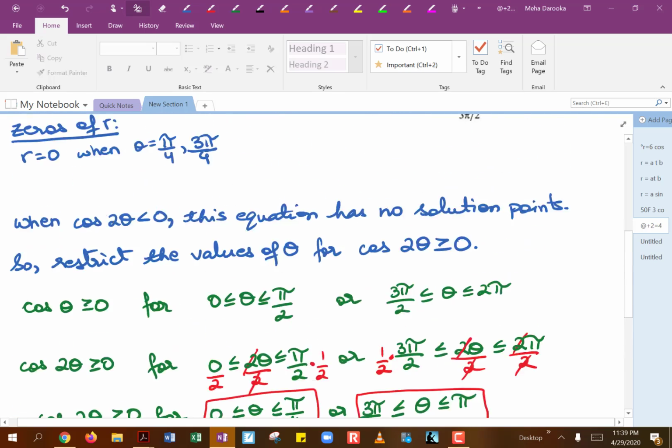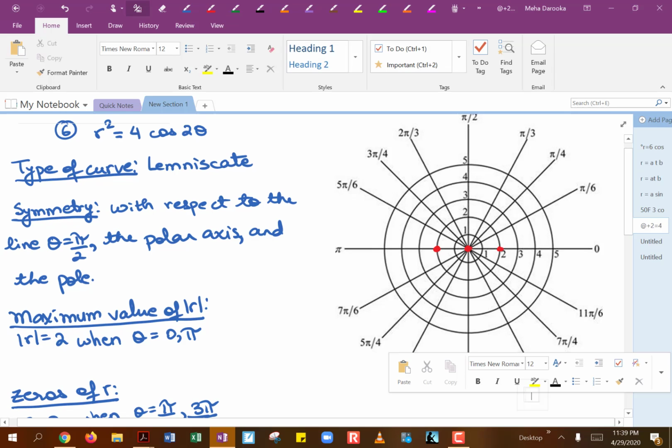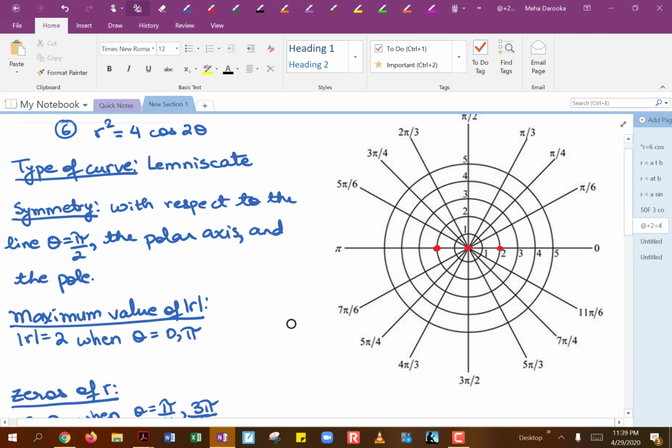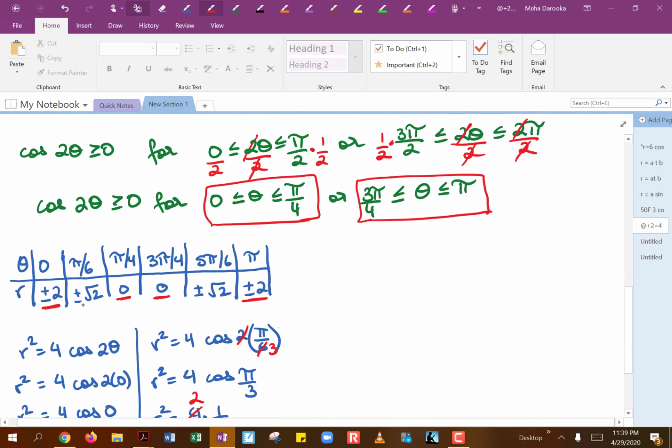Okay, so let's go ahead and graph these functions. At 0, we have positive and negative 2, so those would be those 2 points over here. Then at pi over 4, we have 0. At 3 pi over 4, we have 0. And then at pi, we again have plus and minus 2, so that would actually bring us back to these points, which means we're going to have to use the approximations for these guys right over here.